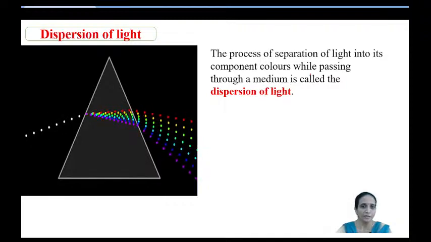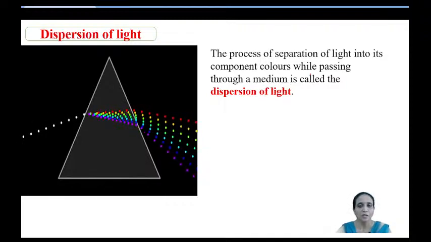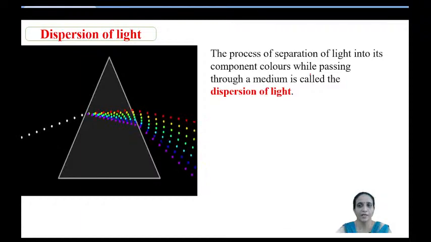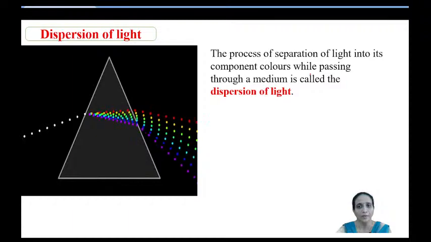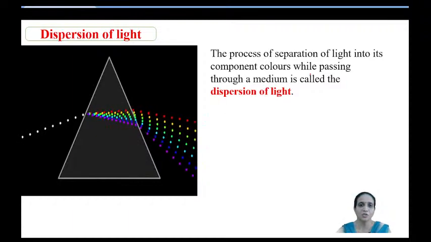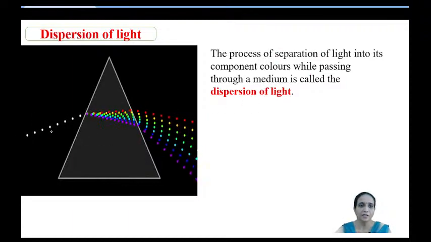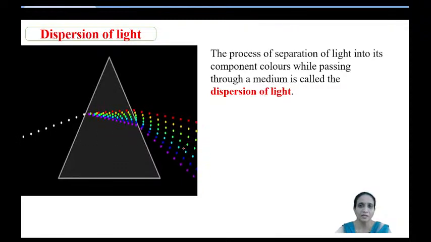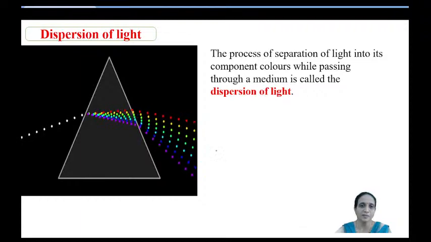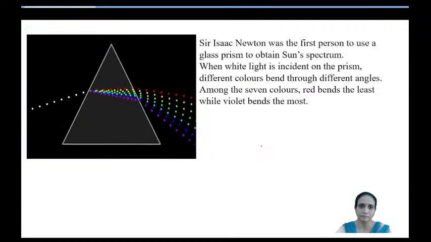Dispersion of light. What is dispersion? The process of separation of light into its component colors while passing through a medium is called dispersion of light. The light gets separated into its component colors. This is called dispersion of light.